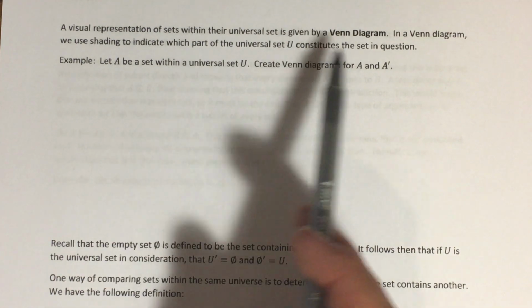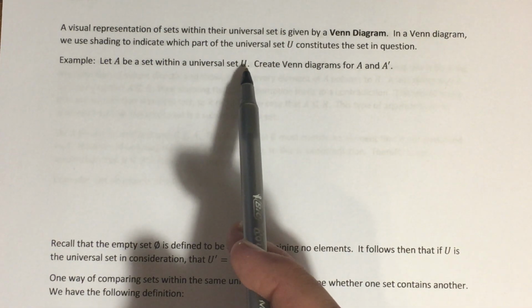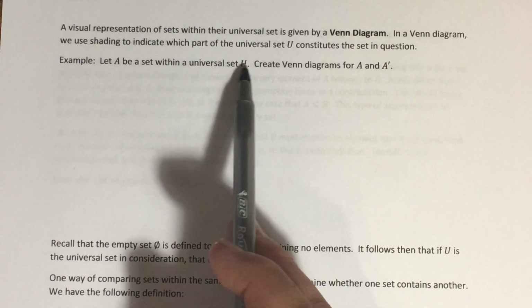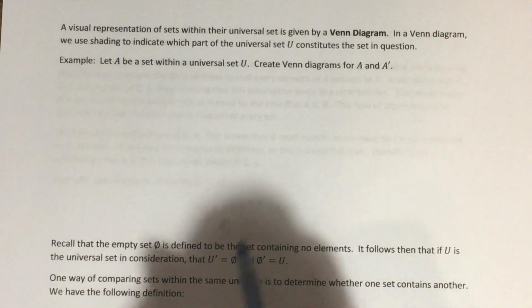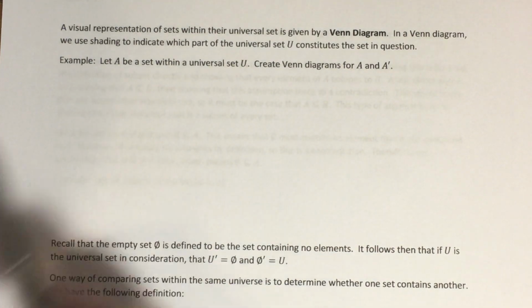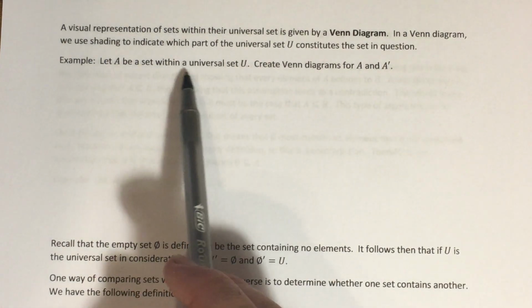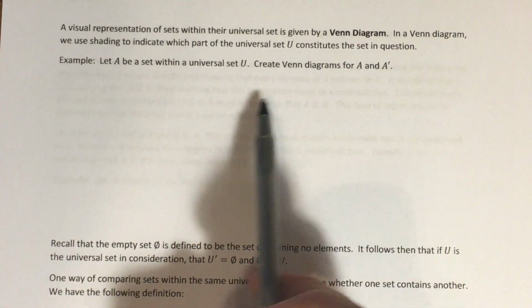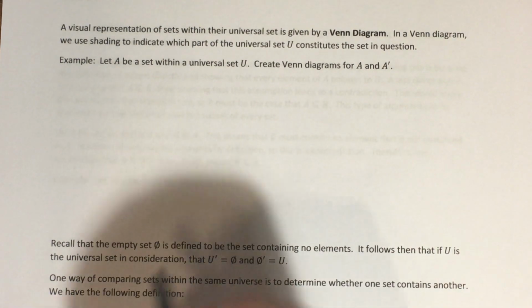So what I want to do is show how we depict universal sets and sets contained in those universal sets using a Venn diagram. So here we're going to let A just be some arbitrary set that's contained in this universe U. And I want to create two Venn diagrams, one for A and one for A complement.